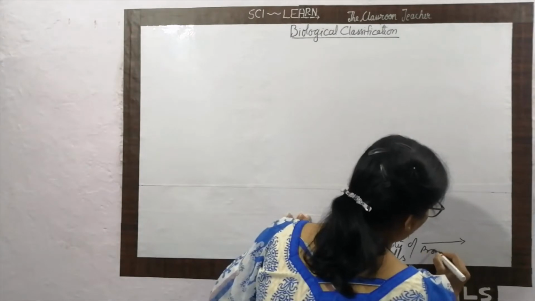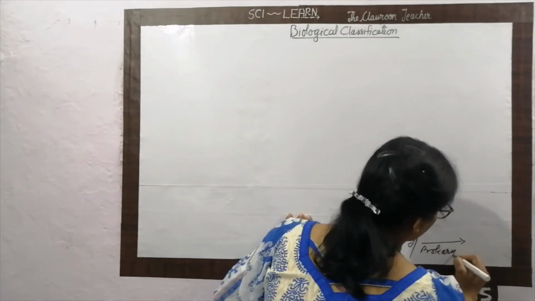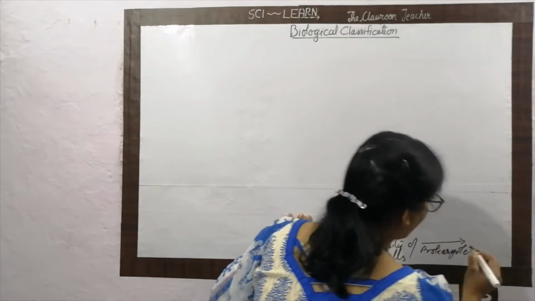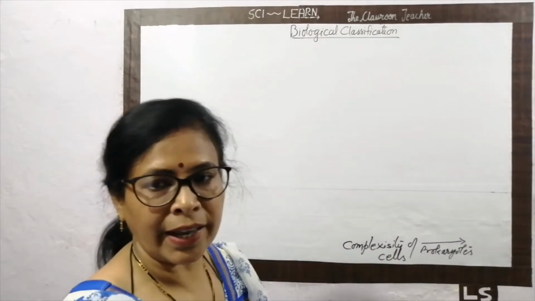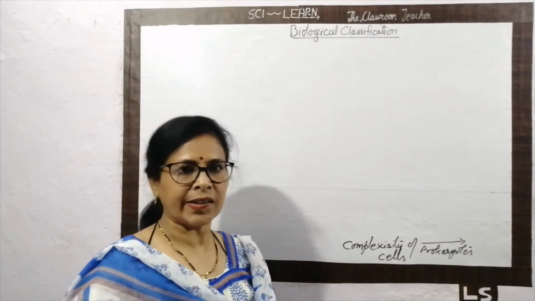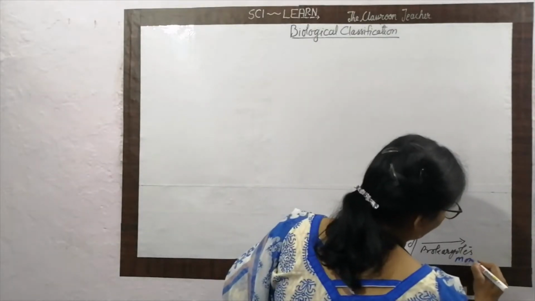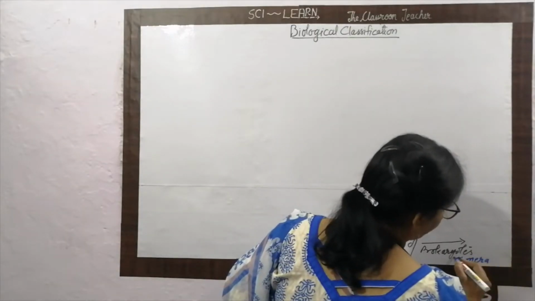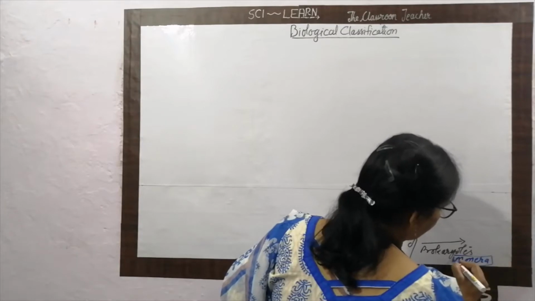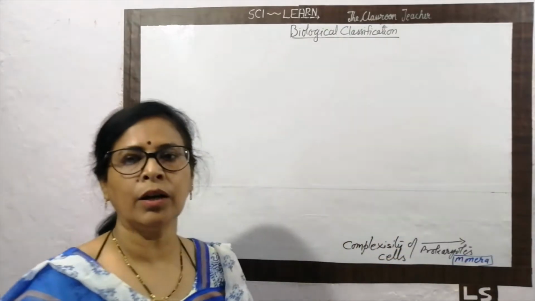Okay, the prokaryotes, and prokaryotes we actually call the monera. So the characters which are simple cells are there. If the simple cells are there, the kingdom is called the monera. They are the prokaryotes, so they are called the monera.